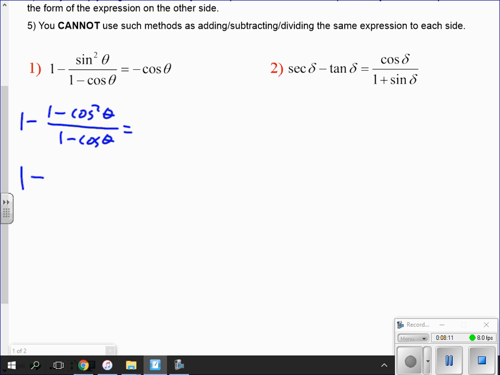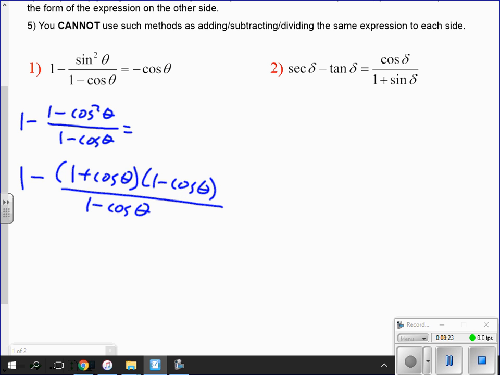So I get 1 minus cosine theta times 1 plus cosine theta, all over 1 minus cosine theta. Difference of two squares: a squared minus b squared is a plus b times a minus b, right? That's what I had there.